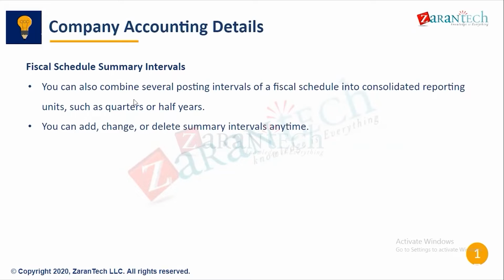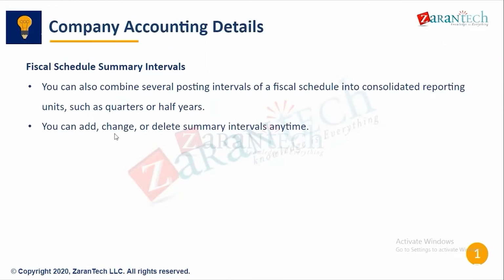You can combine several posting intervals of a fiscal schedule into consolidated reporting units such as quarters or half years. So we define a monthly base, and the system provides the functionality to have quarters, half years, or a period of 4 months.